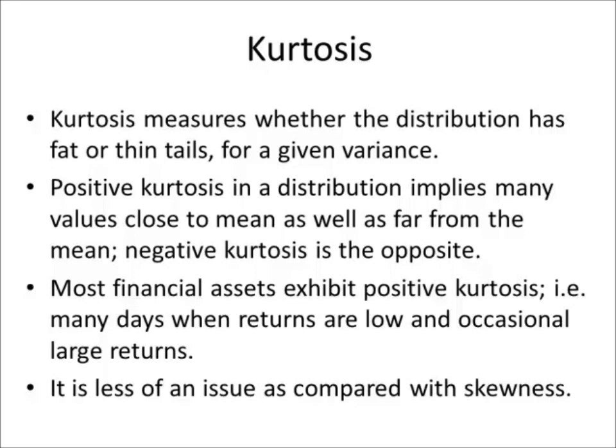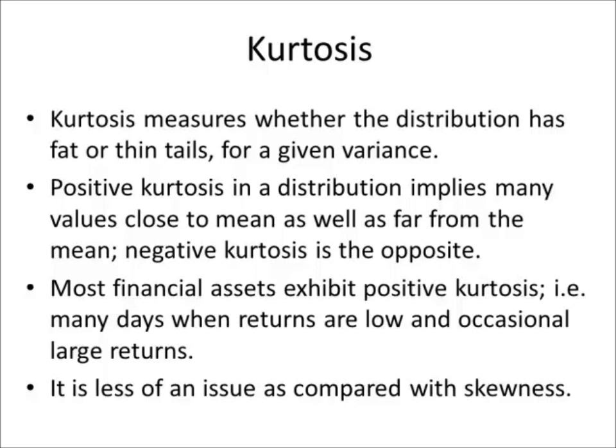Fat tails means that we are likely to see very extreme values, as well as values very close to the mean. With thin tails, we're likely to see not as many extreme values and not as many values close to the mean. Positive kurtosis, which can also be known as excess kurtosis, implies many values close to the mean as well as far away from the mean. And negative kurtosis is the opposite.